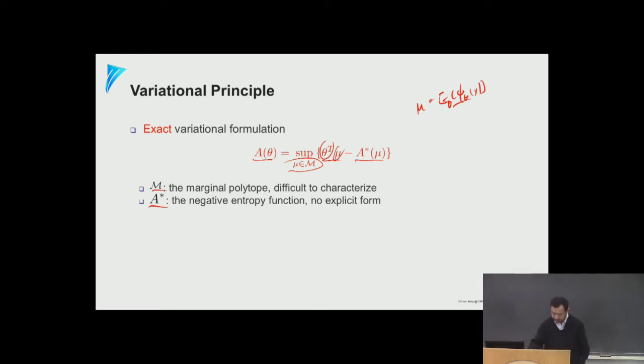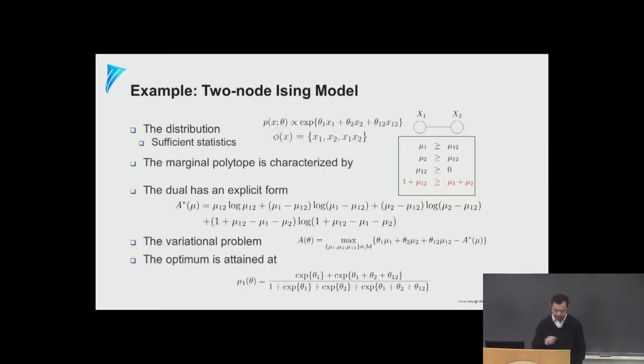And if you need a real case example, we can look at a two-node Ising model where everything can, in fact, be taken care of analytically. You have the original distribution, and this is the vector of all sufficient statistics. And then you can literally compute the marginal polytope.